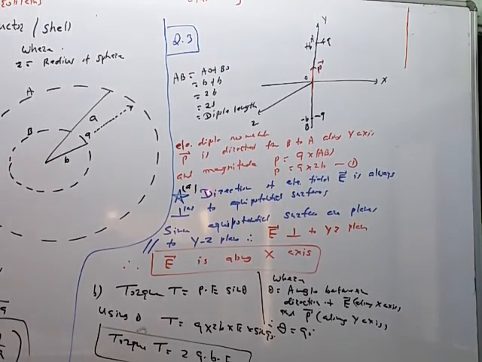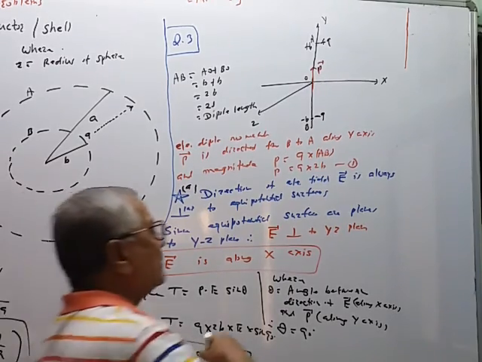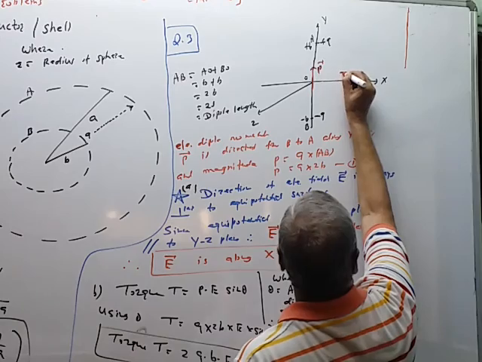Now, the first part: the equipotential surfaces are parallel to the YZ plane, therefore the electric field is along the x-axis, because the electric field is always perpendicular. So in our figure the electric field is along the plus x or minus x-axis. So this is the direction of the electric field.